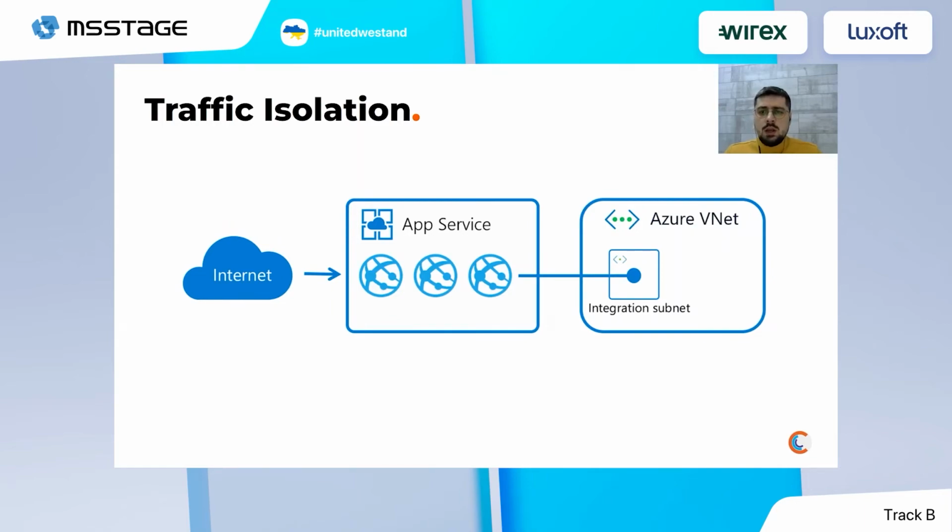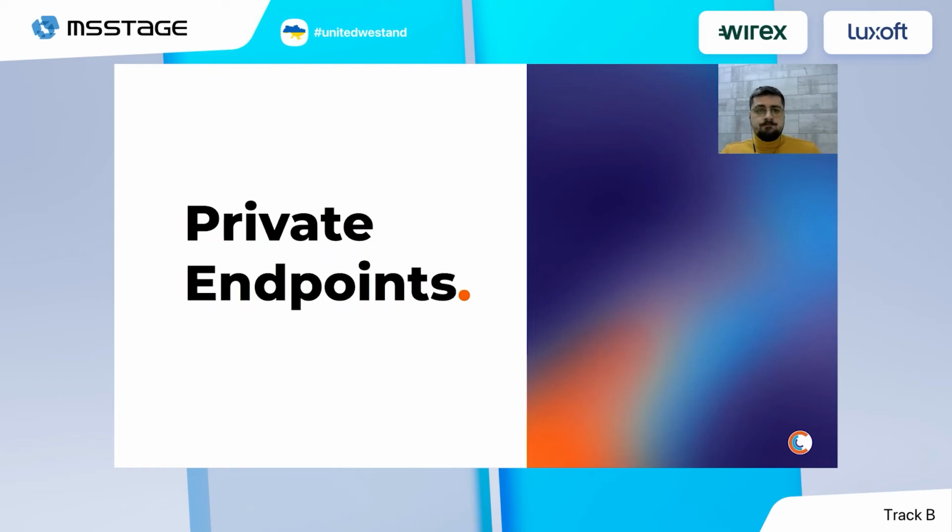The latter is already integrated with your VNet, and you do not need to put integration as one of the required steps in your infrastructure design. And private endpoints is the second feature that is required to route internal traffic.